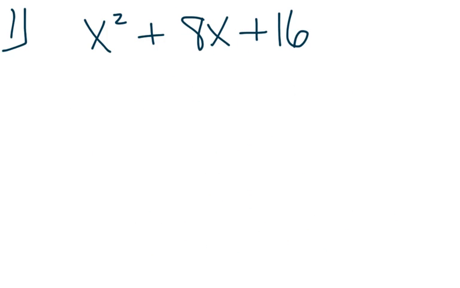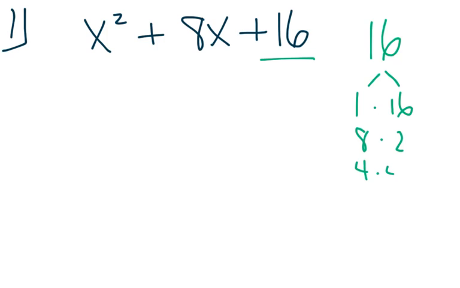For number 1, we have x squared plus 8x plus 16. We're going to look at this last number and look at its factors. So we can do 1 times 16, 8 times 2, or 4 times 4. And we're going to add these and see which one equals this second number.